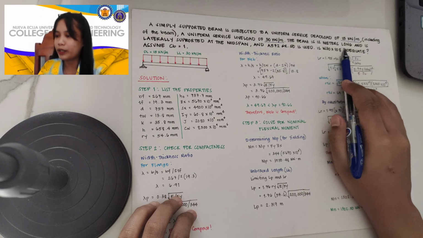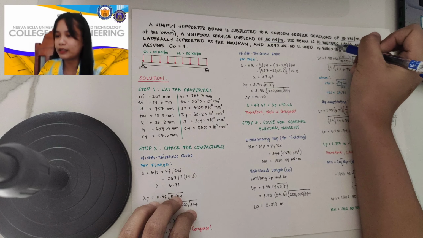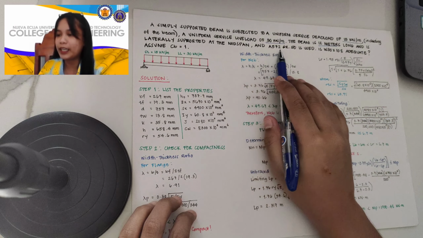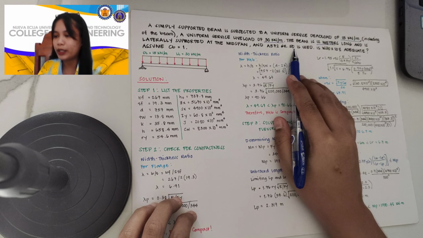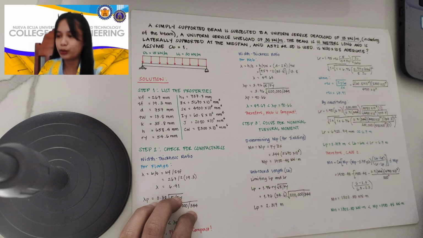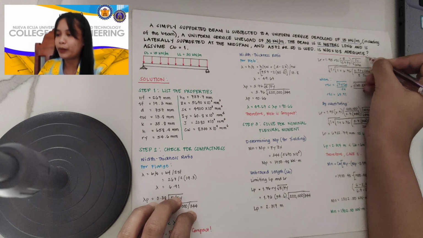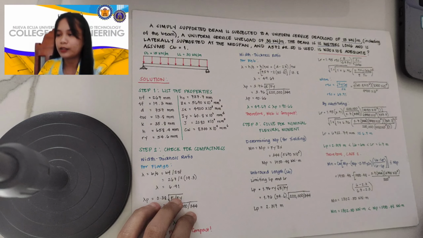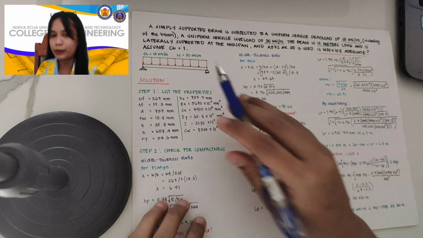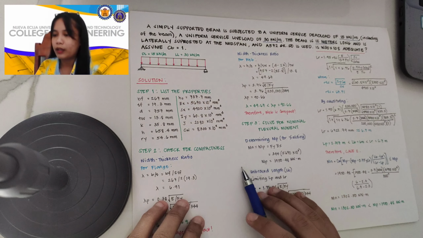So the beam is 12 meters long and is laterally supported at the midspan, and A572 grade 50 steel is used. So the question is, is W30 by 108 adequate? So assume Cb is equal to 1.